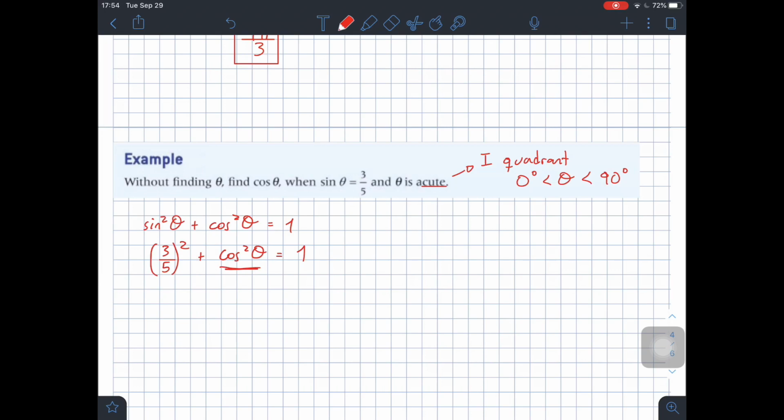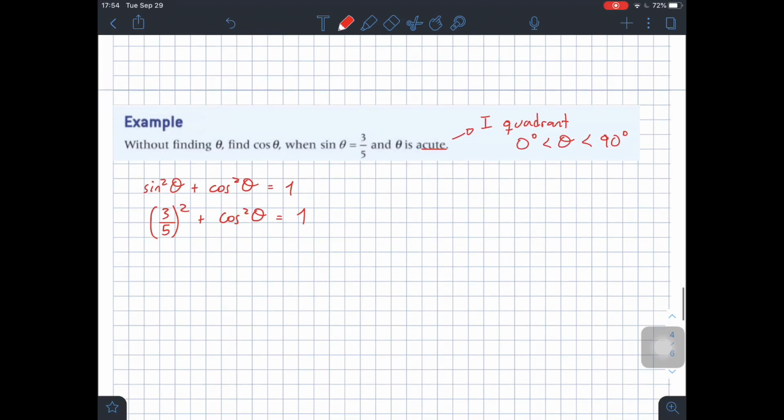So you see that my only variable here is cosine of theta, which is what I want to find. So I just need to solve for cosine of theta. 3/5 squared would be 9 over 25. So 9 over 25 plus cosine squared of theta is equal to 1. So then I can leave the cosine alone. So this would be 1 minus 9 over 25.